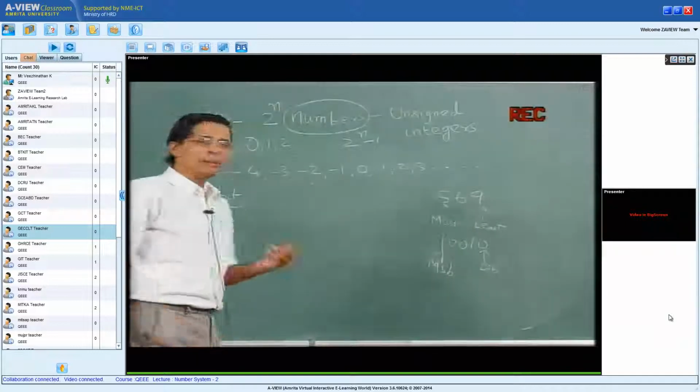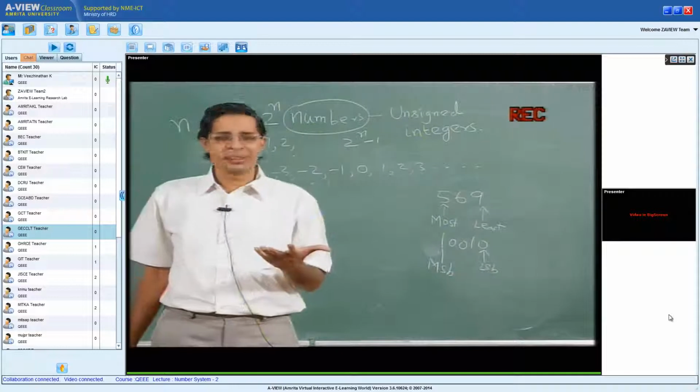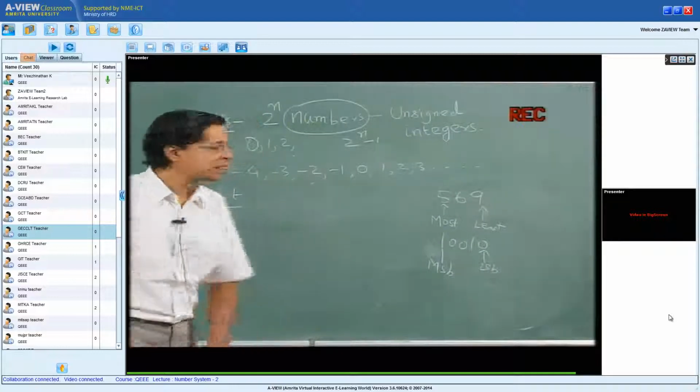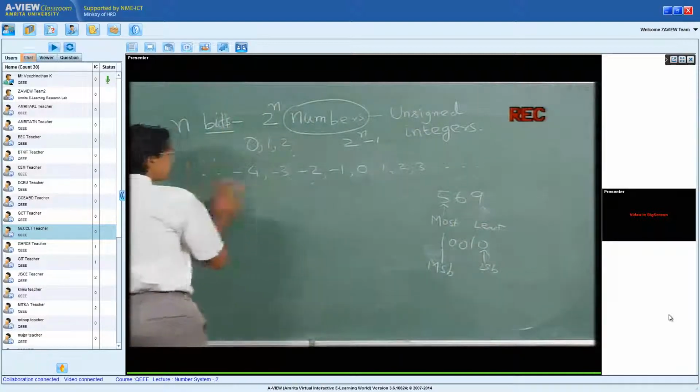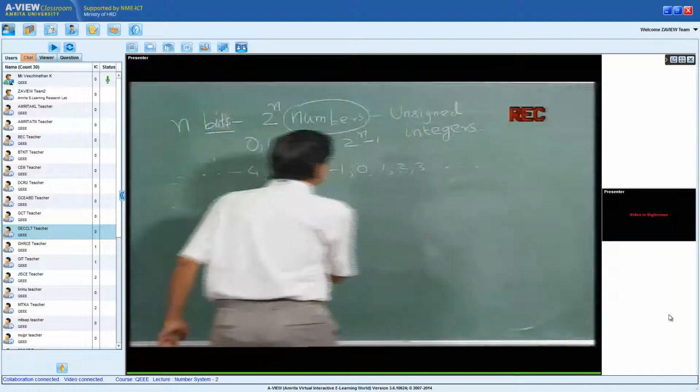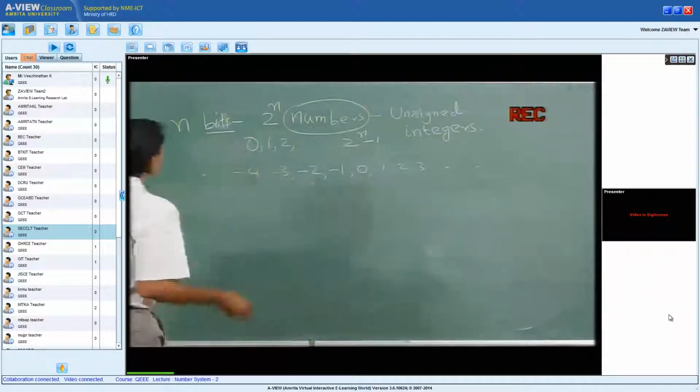So one of the quick ways of representing signed numbers is what we call the sign magnitude representation.